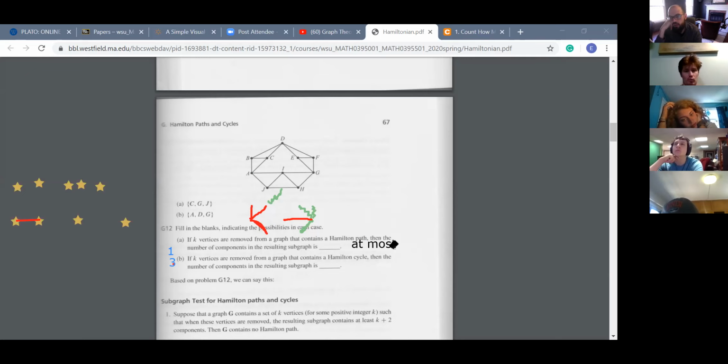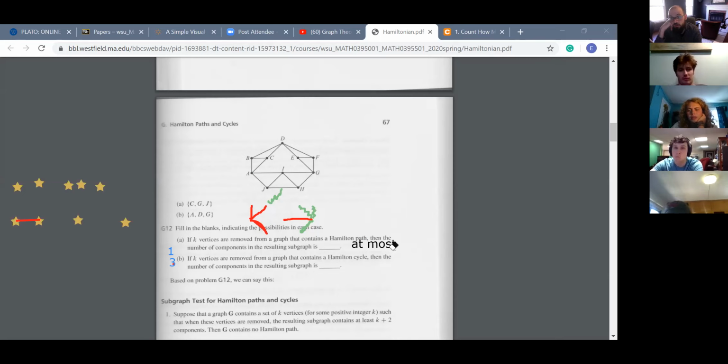What if k is small? Like if k was 2, then it would just be 1 component? No, wouldn't it be at most 3 components?